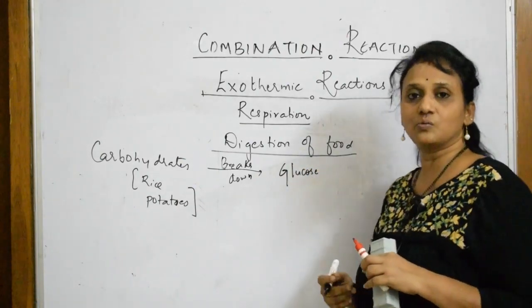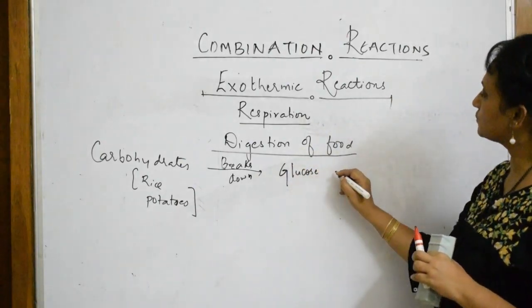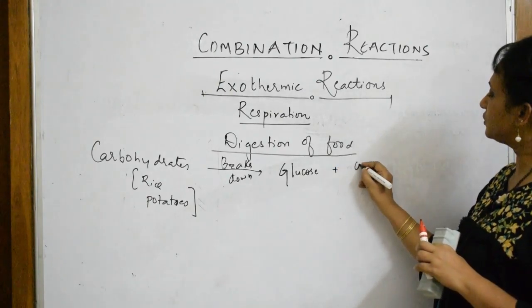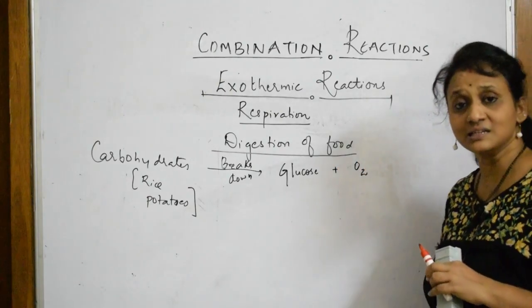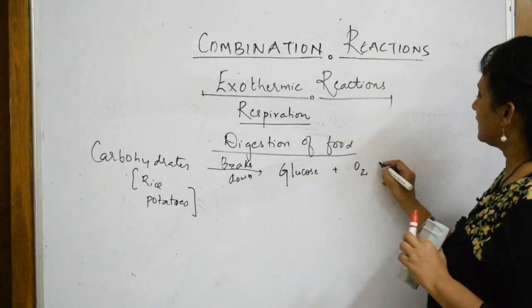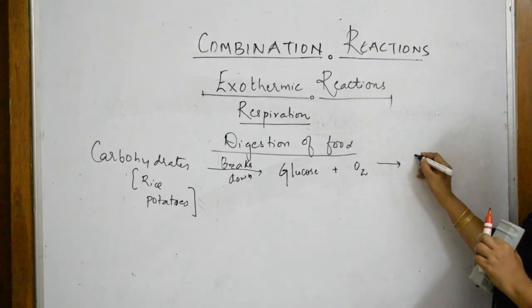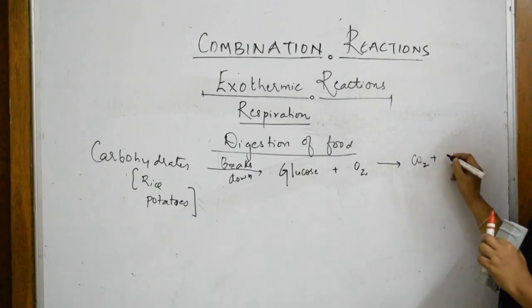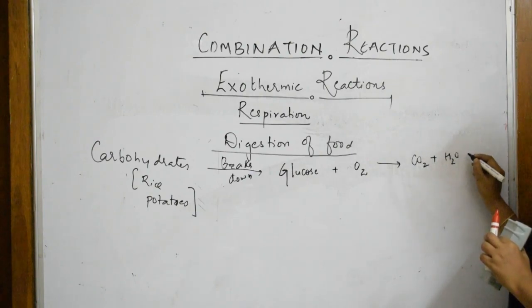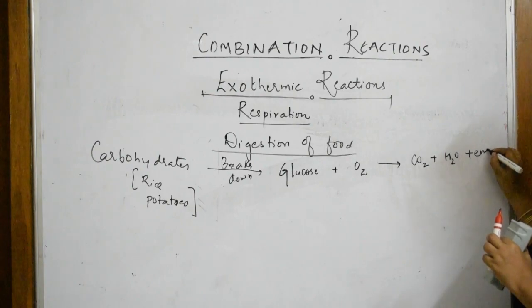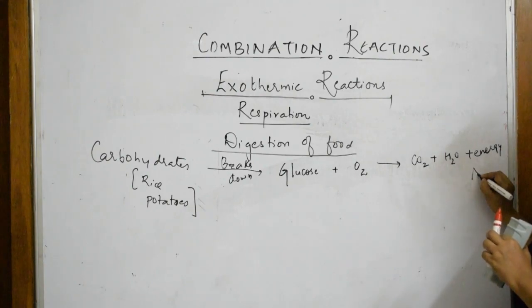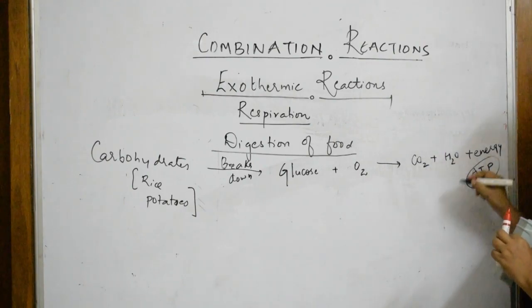So what happens to this glucose? This glucose is going to combine with the oxygen which is there in the cells, right? And it's going to form carbon dioxide and water, and it is going to release a large amount of energy in the form of ATP. We call it ATP, adenosine triphosphate.